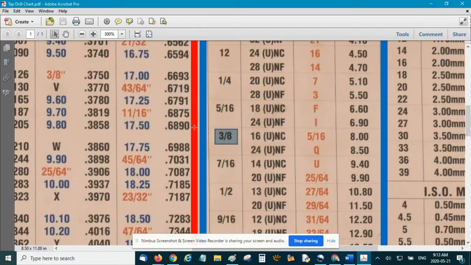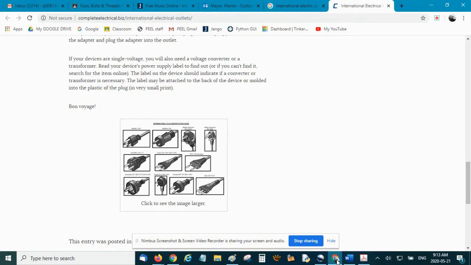I could look over at what the actual decimal value is. Well, there are two types of 3/8 bolts. NC, coarse thread, so the C here stands for coarse, and NF, the F stands for fine thread. The N stands for national. And what does that mean?